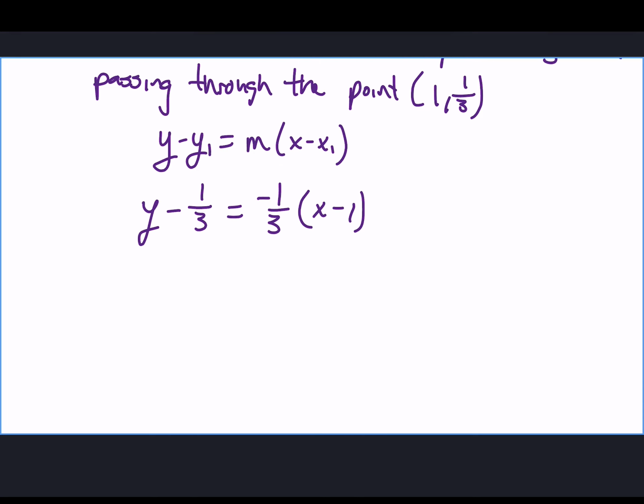So now we need to distribute, and we get negative 1/3 times x, or negative 1/3 x, and negative 1/3 times 1 is minus 1/3.